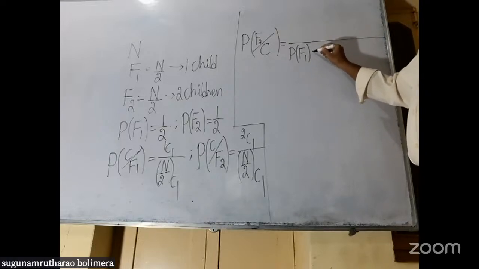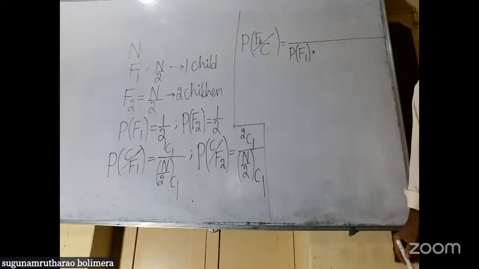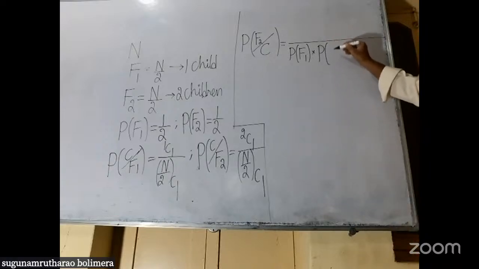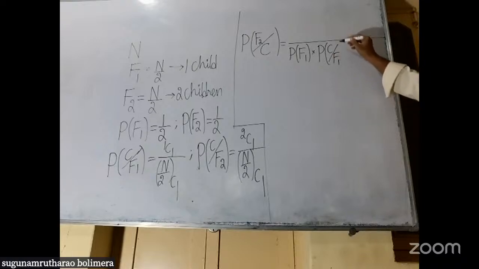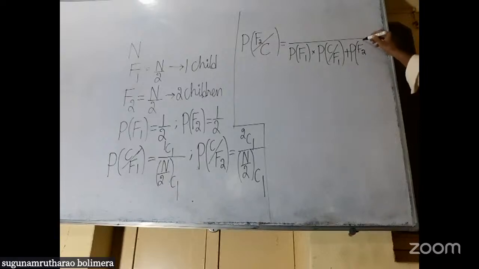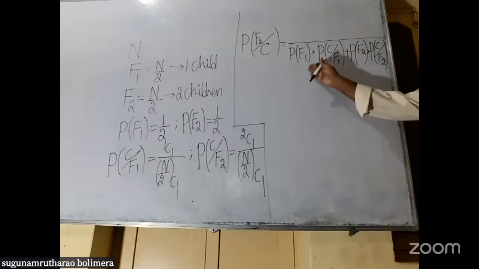Okay, so this is equal to, how simple, total number of exhaustive events. Probability of selecting F1 and probability of selecting a child from F1, or plus, probability of choosing F2 and probability of selecting a child from F2. This is about the number of exhaustive events.